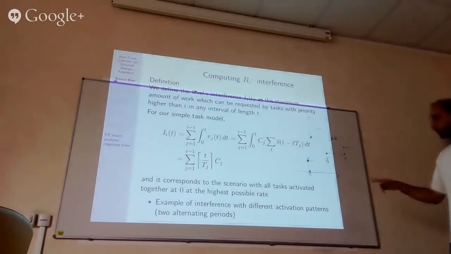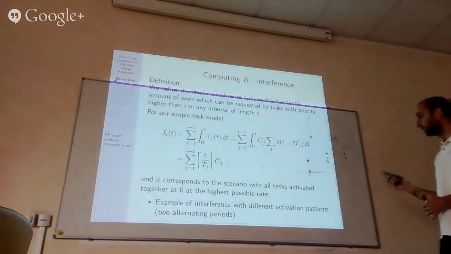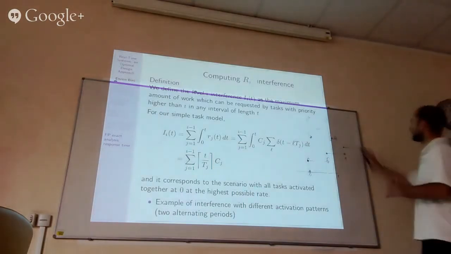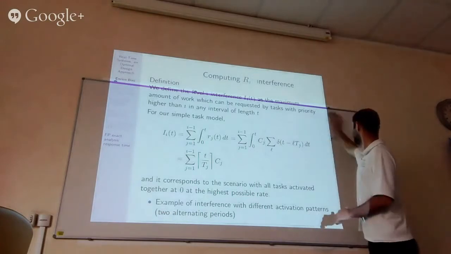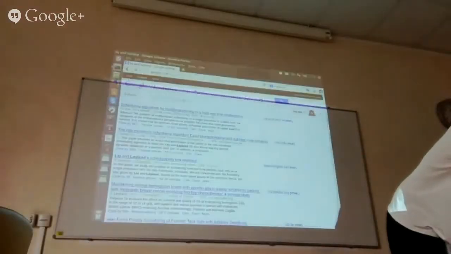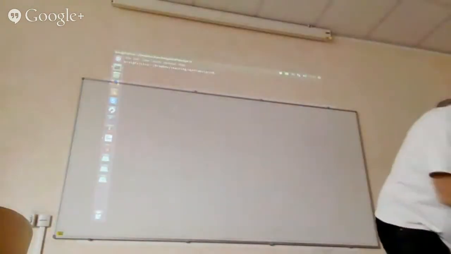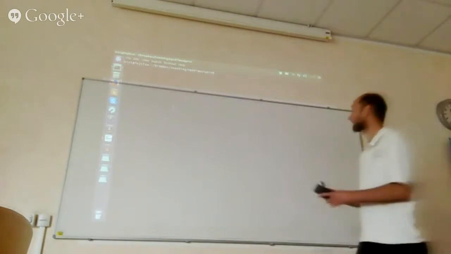Here the note for myself was to make an example of interference with a different activation pattern. Thank you for the suggestion. Let's assume that instead of a periodic task, we have a task with a sporadic pattern.